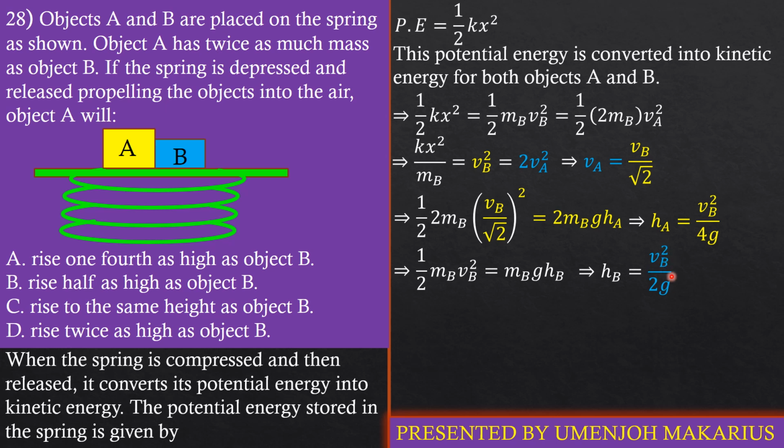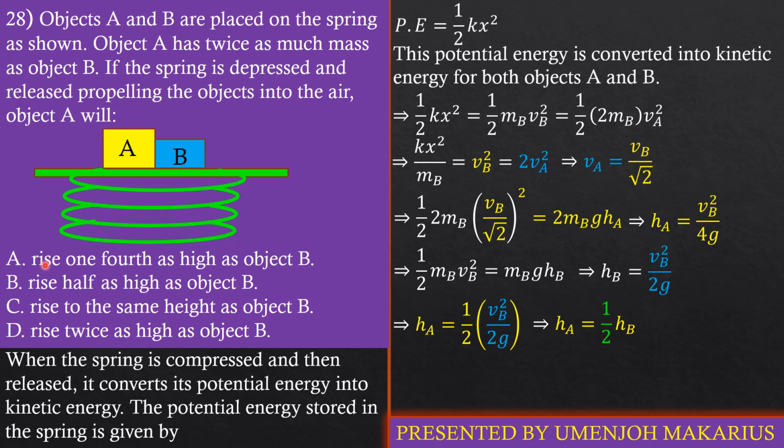Now hA we can express as 1/2 times vB squared over 2g, because 2 times 2 gives us 4. But what is vB squared over 2g? It is hB, right? So hA is the same as 1/2 hB.